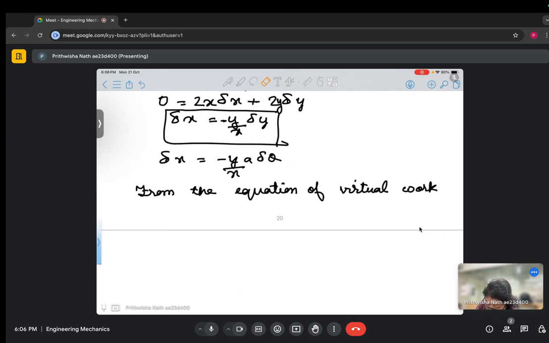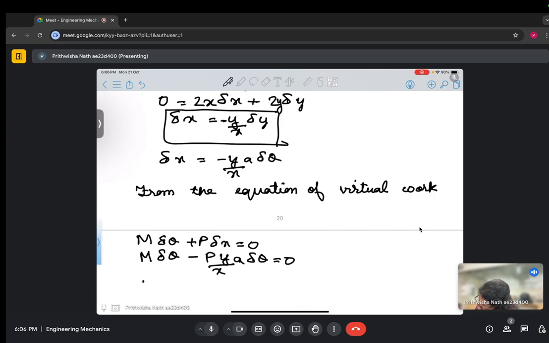Therefore M delta theta, in place of delta x I'll substitute this, so P y by x A delta theta. So P becomes nothing but M x by y A.